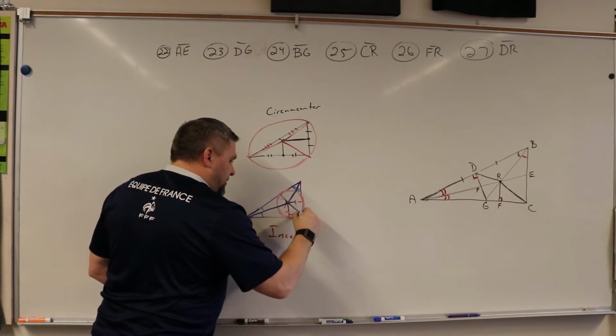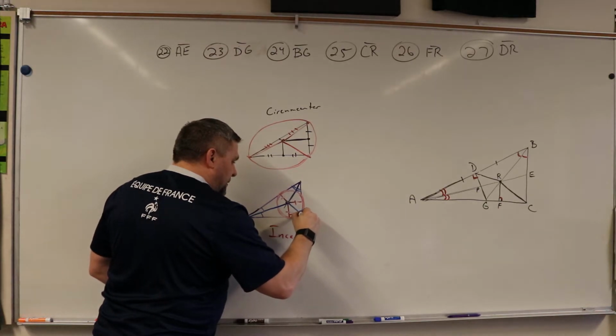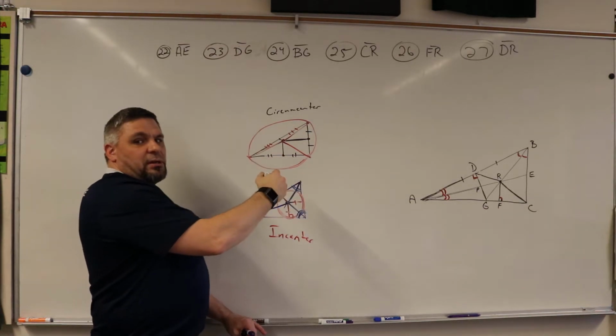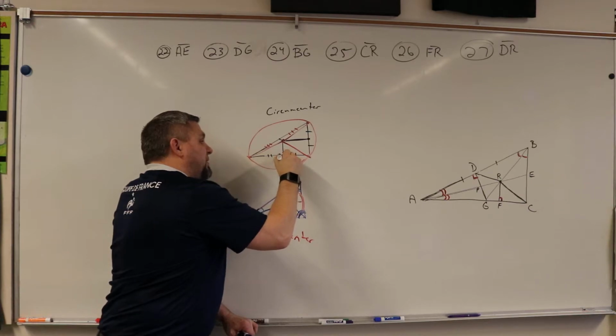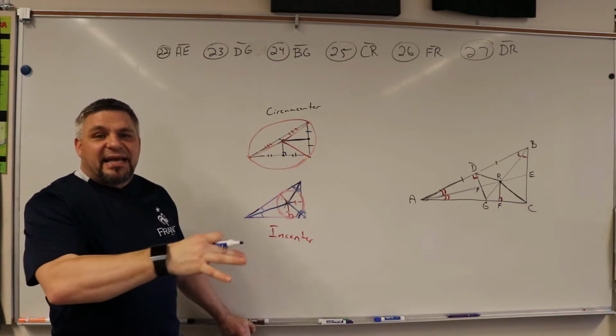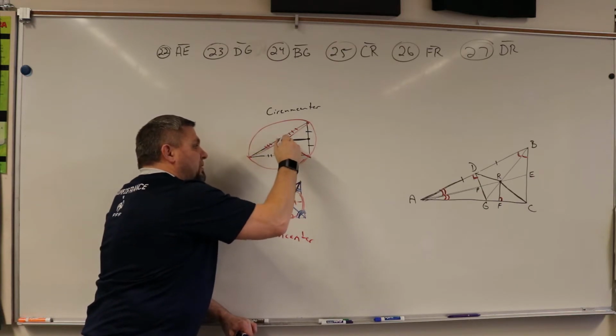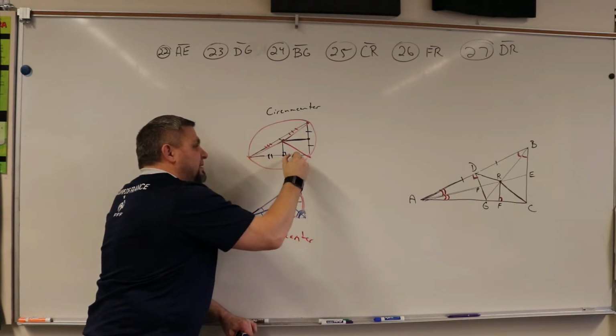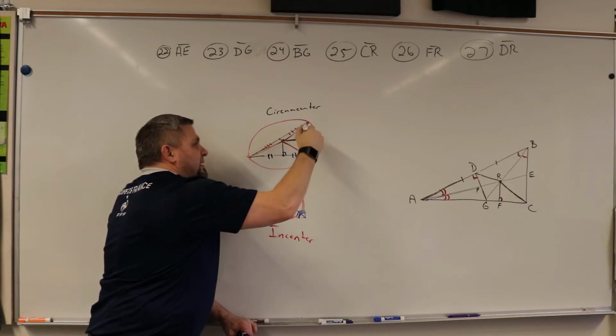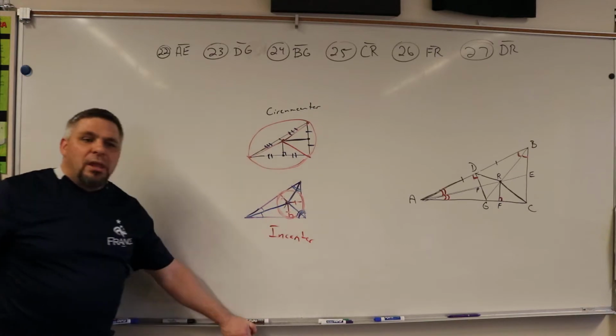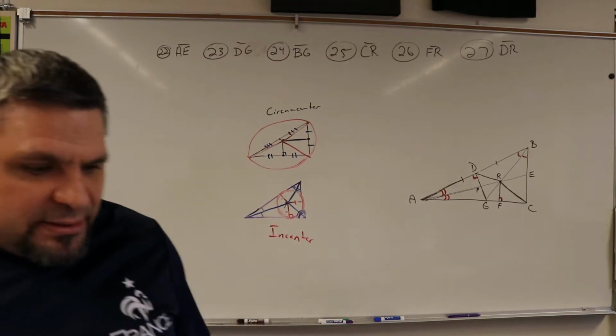And then with this, they're perpendicular, but they bisect the sides. So with the circumcenter, you have perpendicular bisector of the sides. So each side that they're bisecting is congruent. Does that make sense?